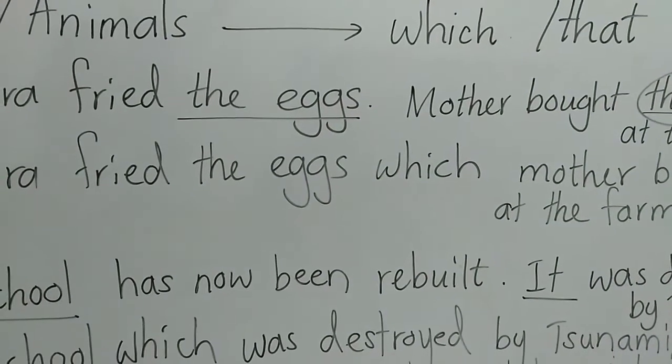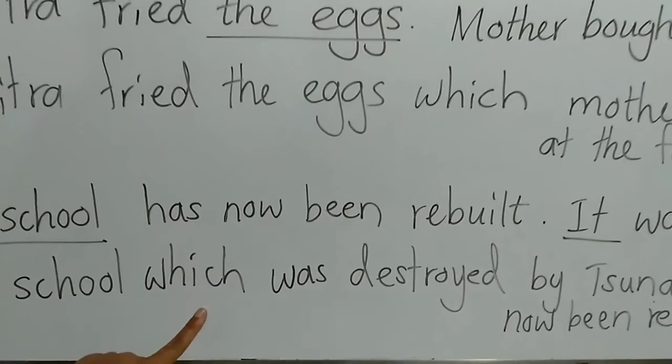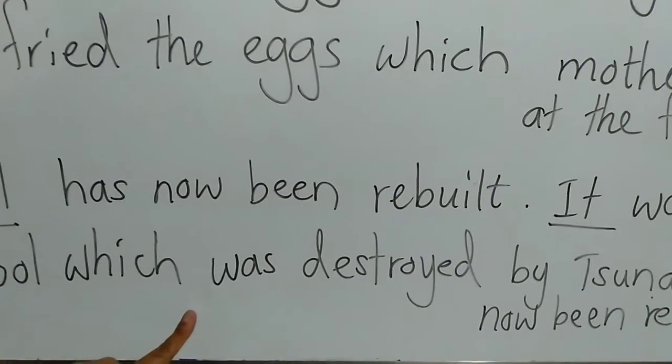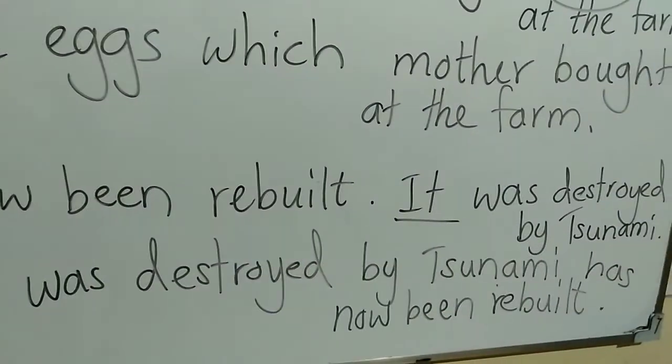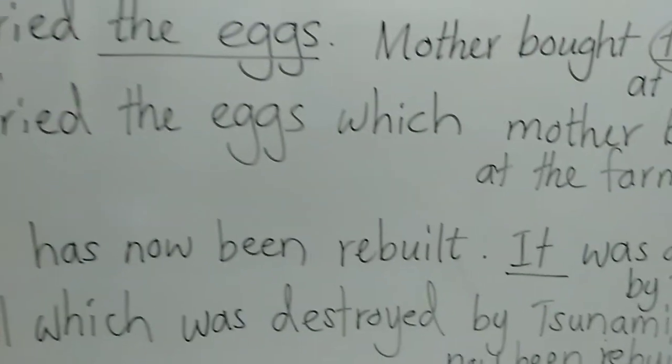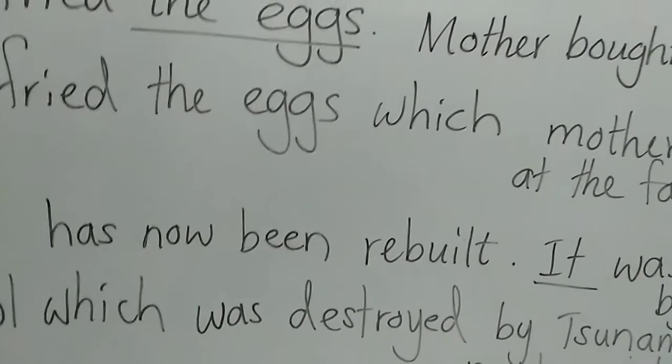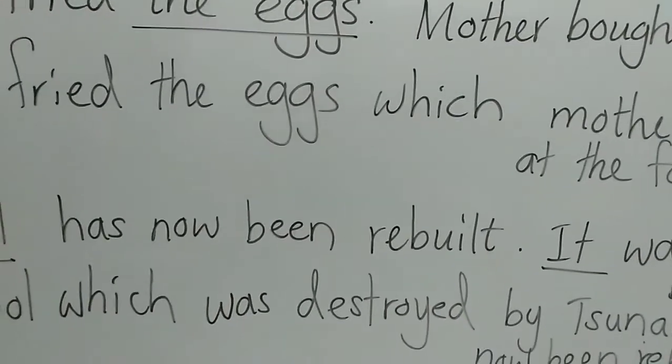Now look, the sentence should be very meaningful. In order to make the sentence meaningful, we take the second clause to the front. In that way also you can build up the relative clause.